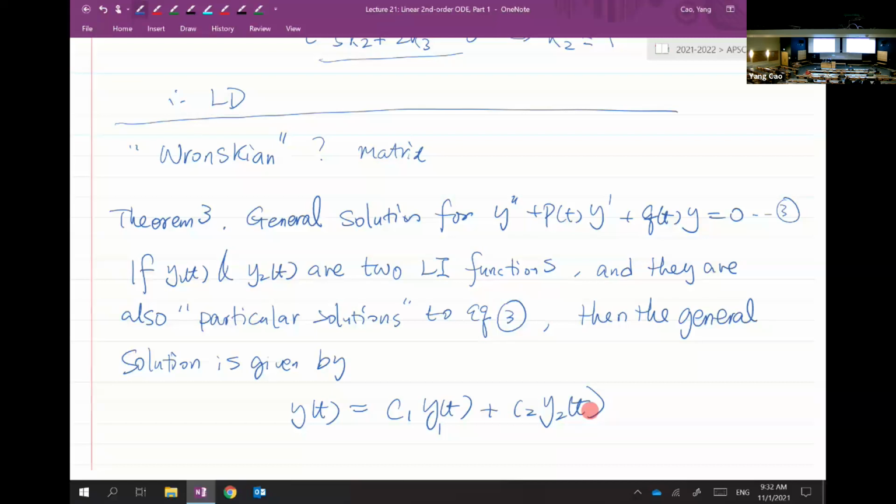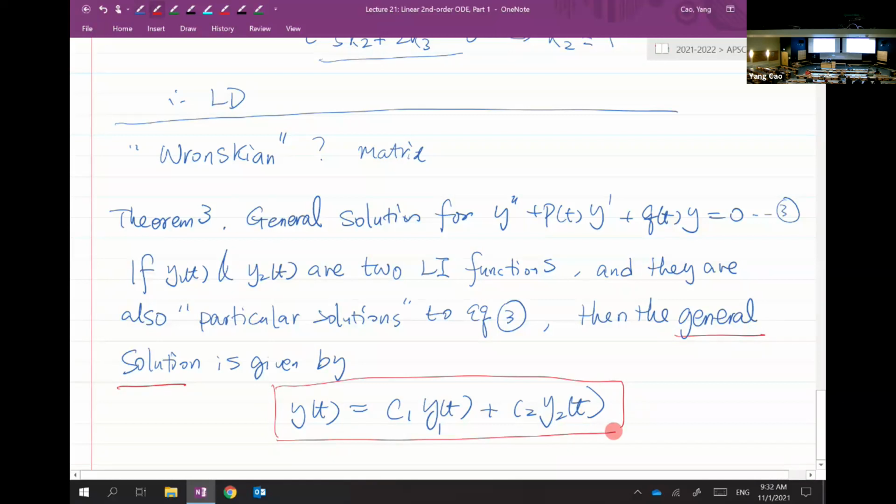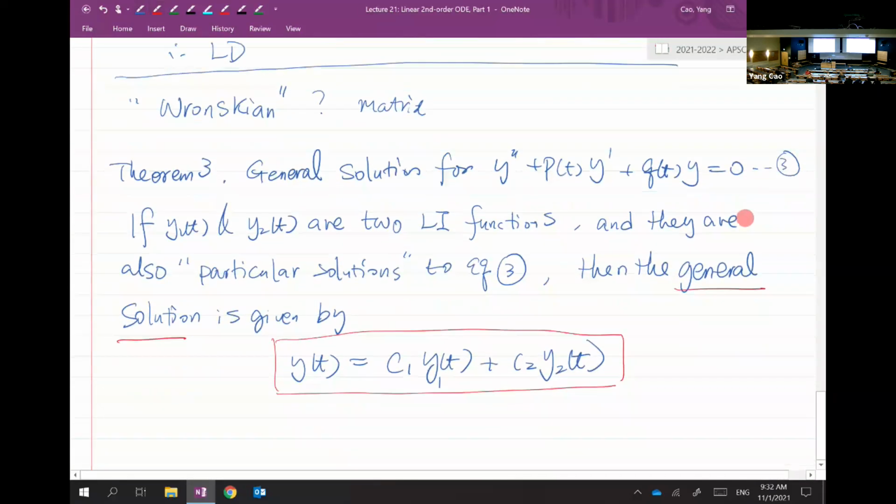And that's basically what theorem number 3 says here. So this is the general solution. C1, C2 again, they're constants.